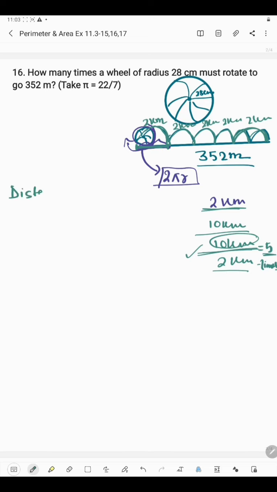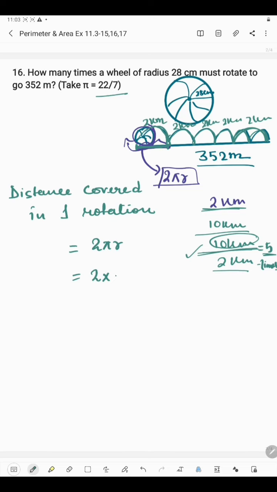The distance covered in one rotation we can get by finding 2 pi r, right? Now pi is 22 by 7, so 2 multiplied by 22 by 7, and the radius is given as 28 centimeter.